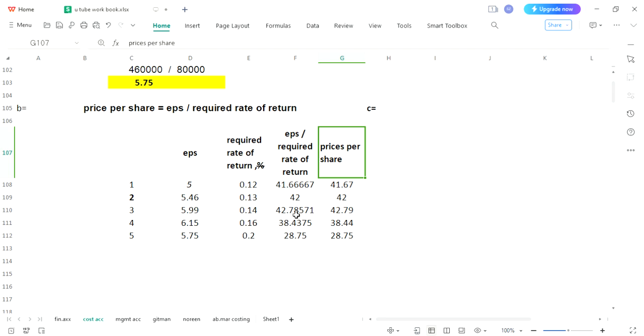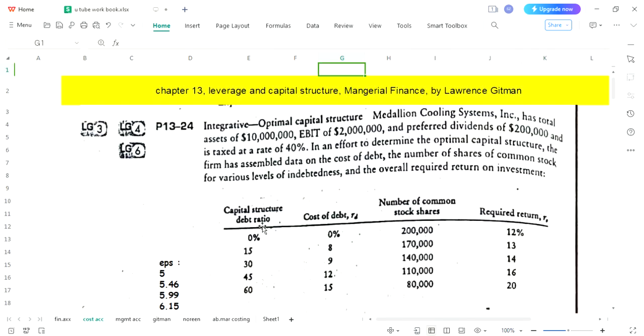But as you have increased your capital structure from third place to fourth place, where your debt has been increased, you can see that debt was increased from 0 to 15, from 15 to 30, and at the fourth stage 45% of the total capital structure was debt.